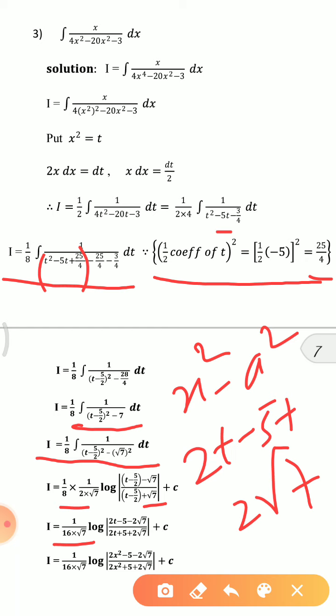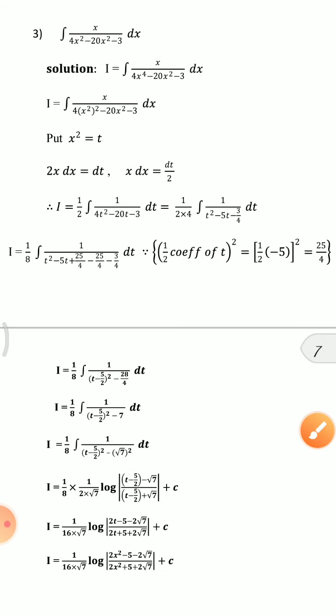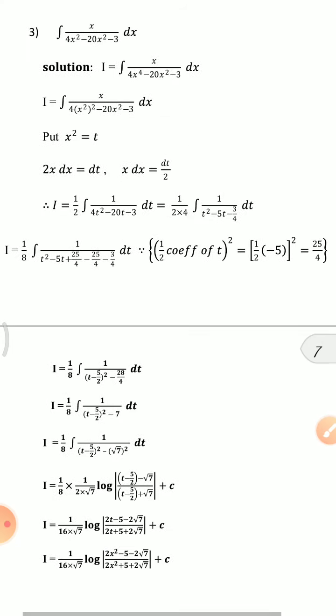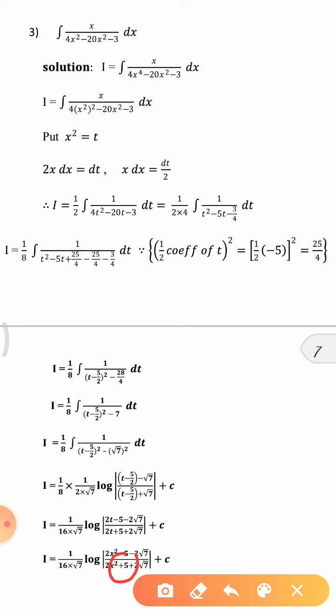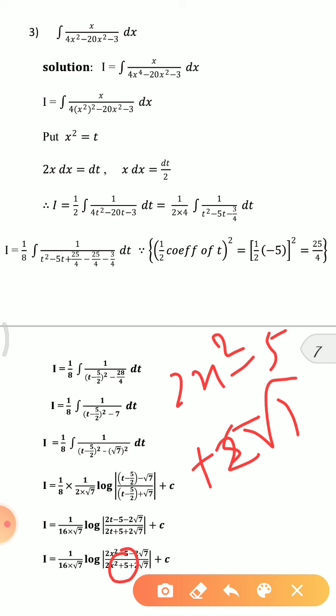We take the one correction in the denominator, take the minus sign here. And substitute the value of t, that is (2x² minus 5 minus 2 root 7) upon (2x² minus 5 plus 2 root 7) in the denominator.